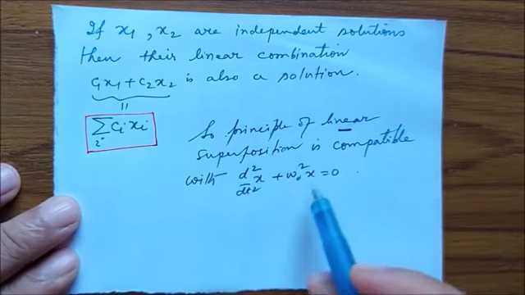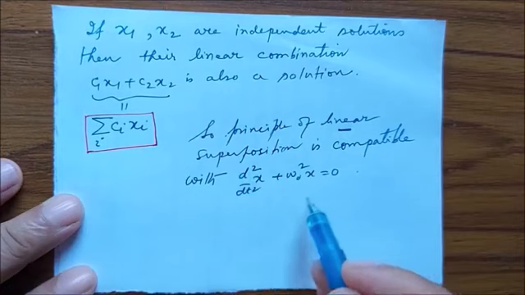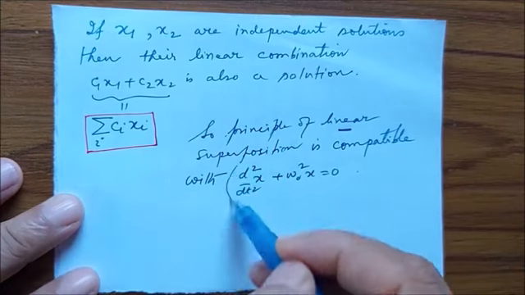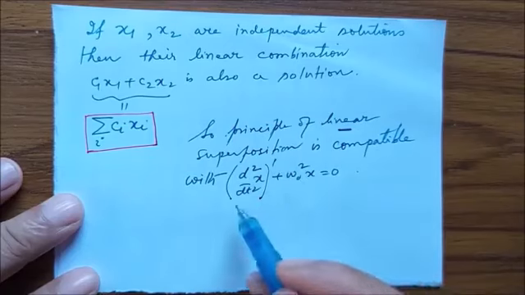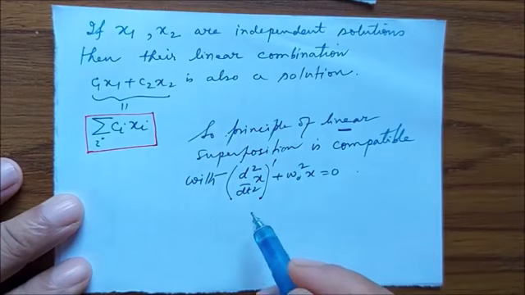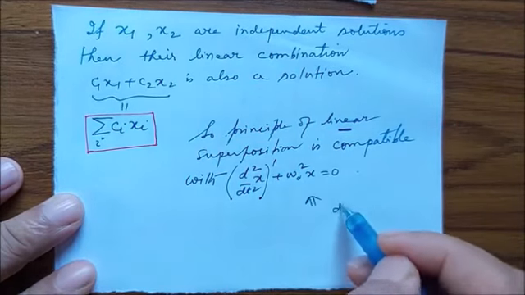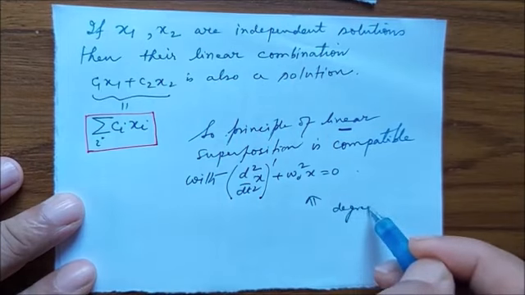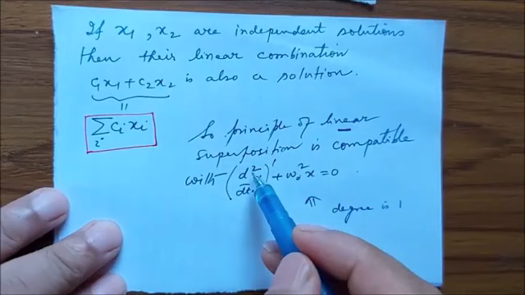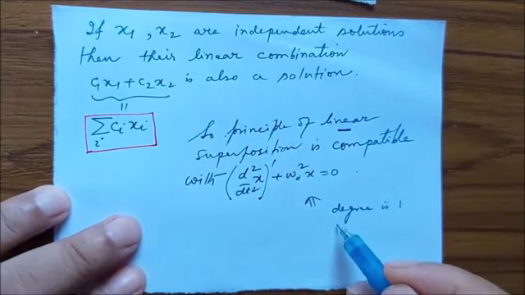And this has been possible because the differential equation that describes the system is linear: the highest order is raised to the power 1, so the degree is 1, so it is linear.